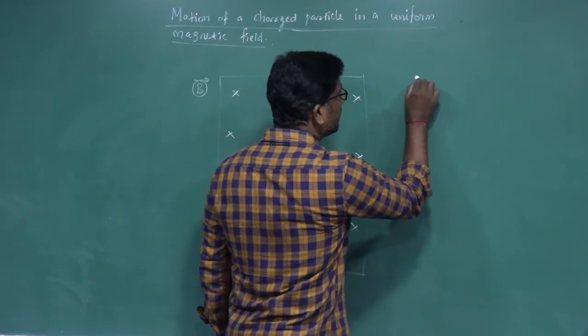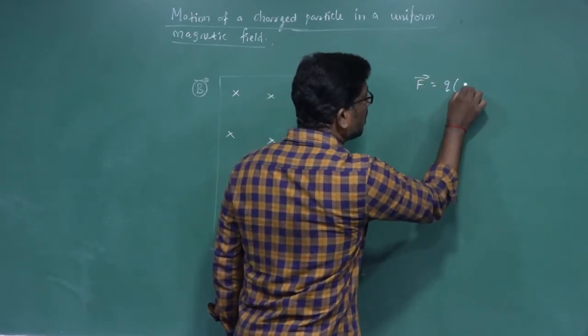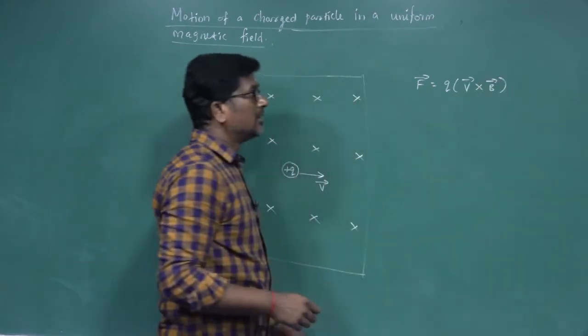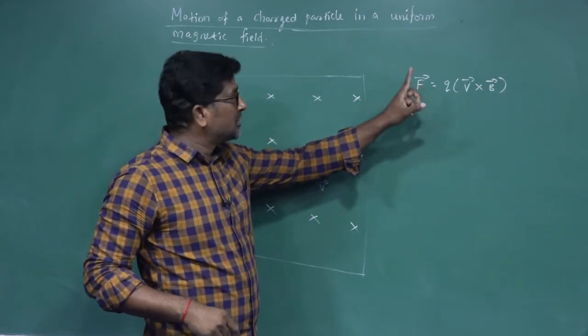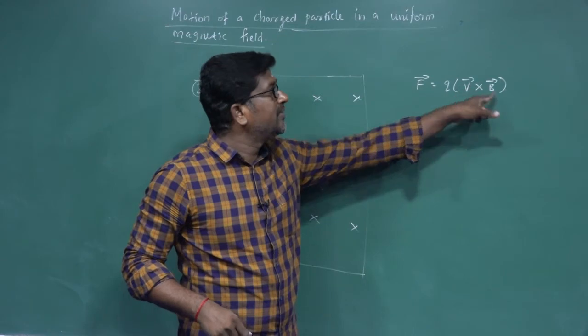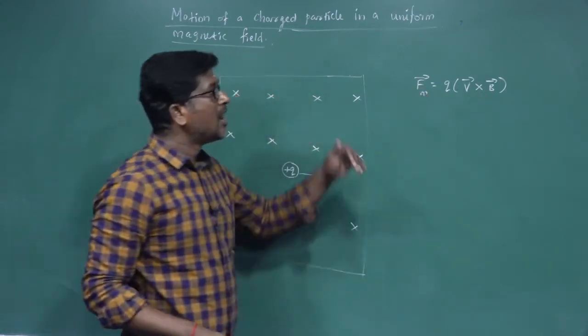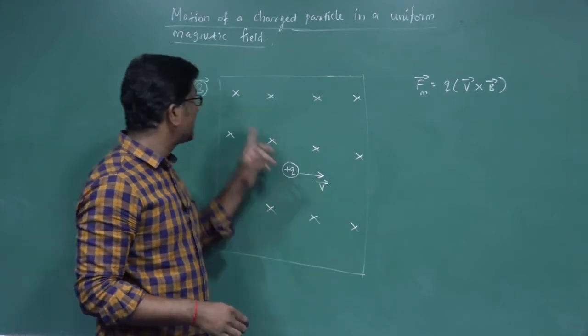It is given by F vector is equal to Q of V vector cross B vector. The direction of the magnetic force is perpendicular to both V vector and B vector.